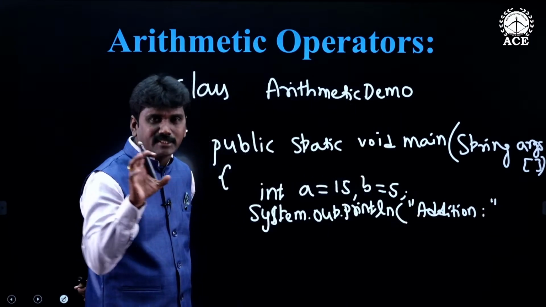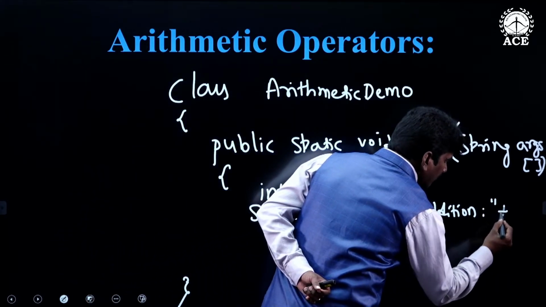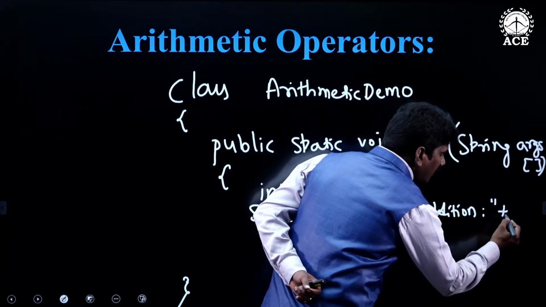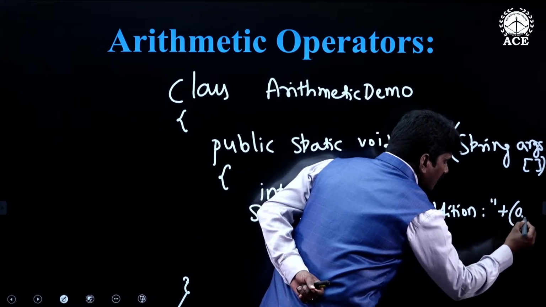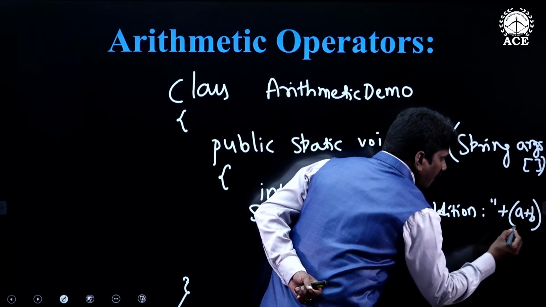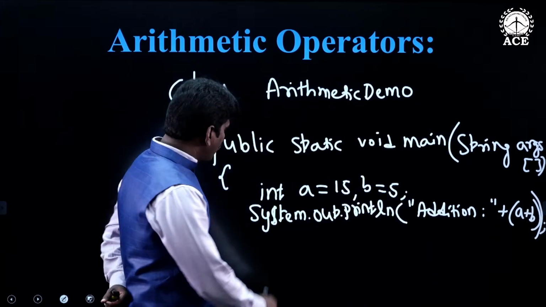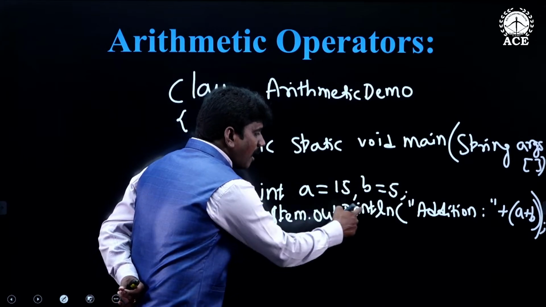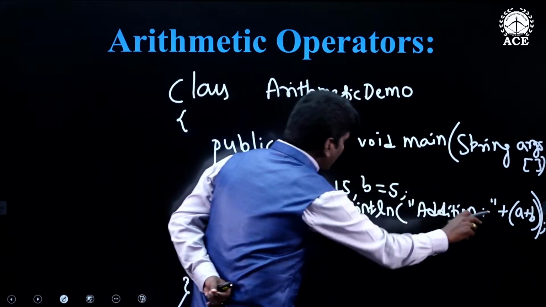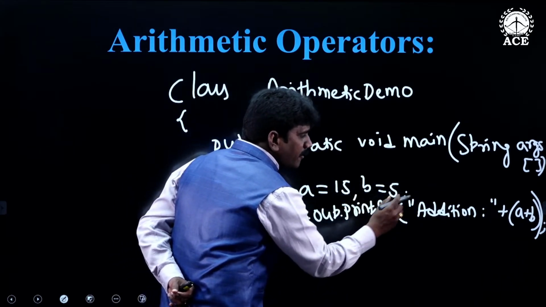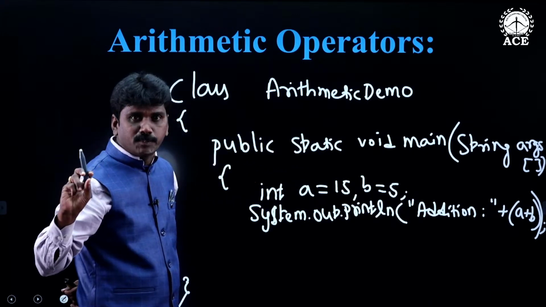This string is displayed as it is. After that, we can write with the concatenation operator plus, and then a plus b, which you would like to perform, enclosed in brackets, and then a semicolon. So System.out.println addition is printed, and a plus b, where a is 15 and b is 5, both will be added and the addition 20 will be displayed.